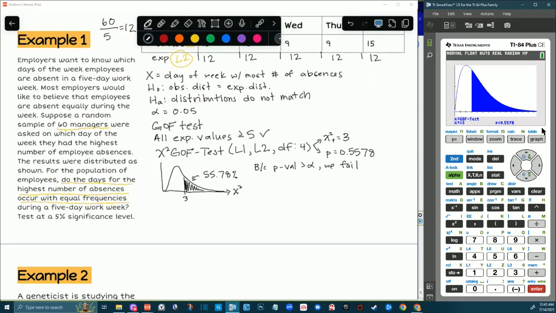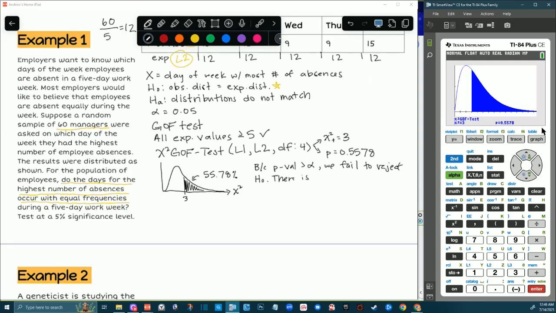So p-value is bigger than alpha, we fail to reject h0. And if I'm not rejecting h0, I go back to my hypotheses. I was asked, do the days occur with equal frequency? That's this here, that's that claim. We don't have enough evidence to reject that claim.